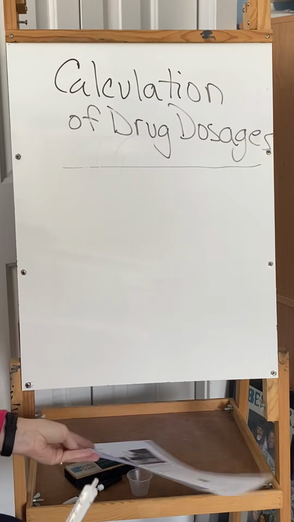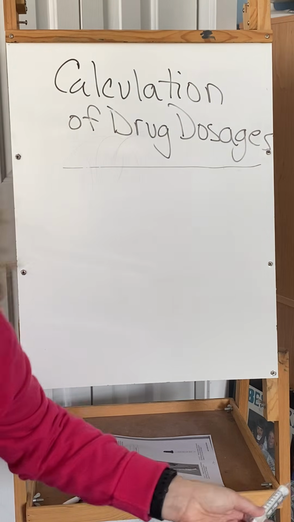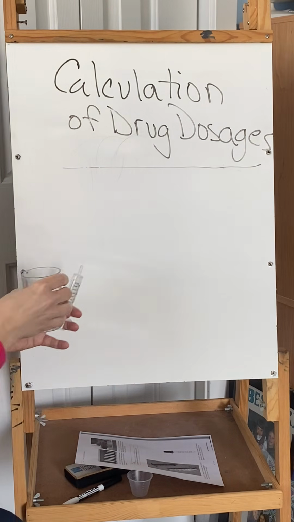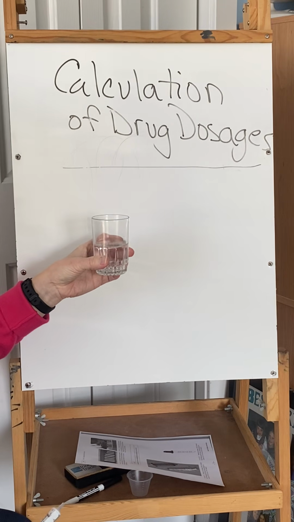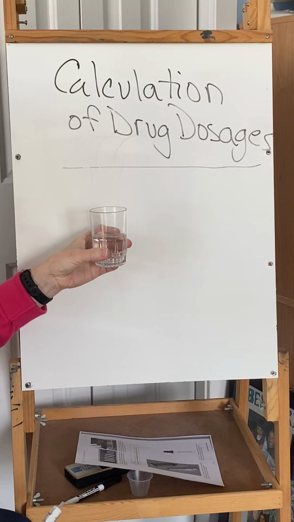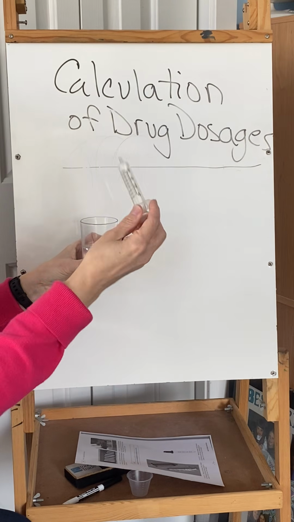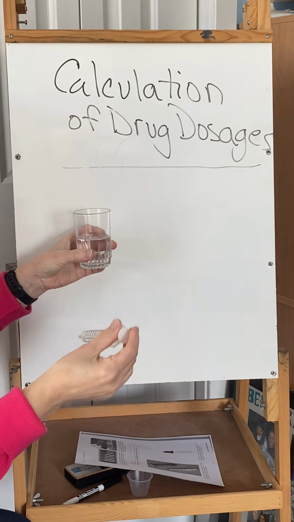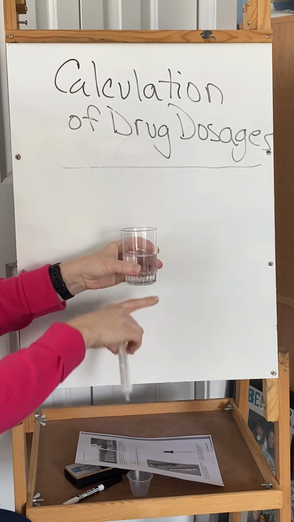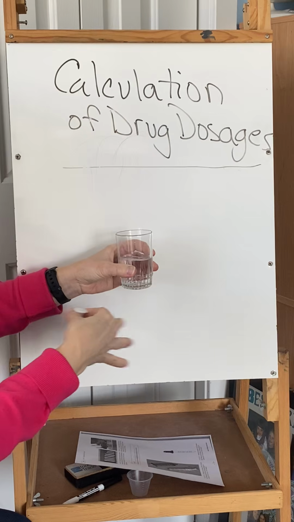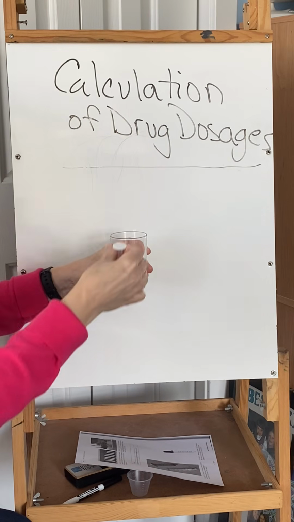So I'm going to put this down for a minute, and I'm just going to demonstrate. Let's pretend this is your bottle of liquid cough syrup, okay? What you have to do, and ideally this would be sitting down on a table, so let's pretend I have it on a flat surface. I just don't have that capability right now.